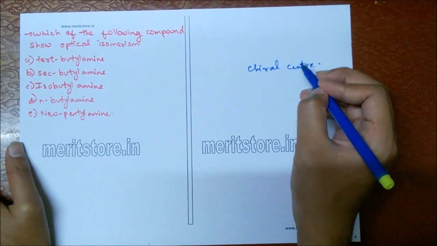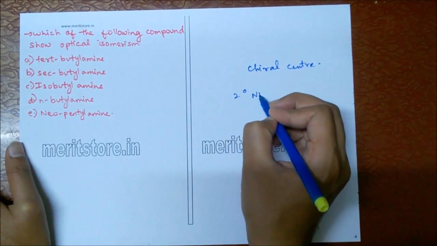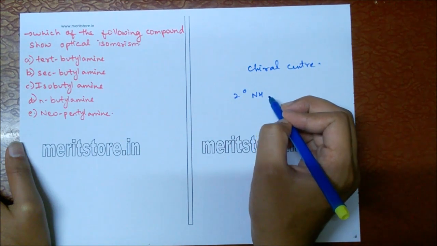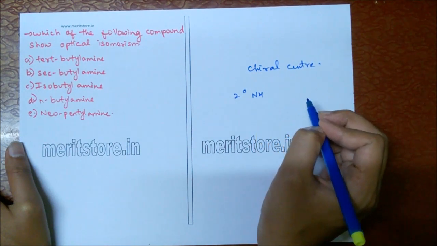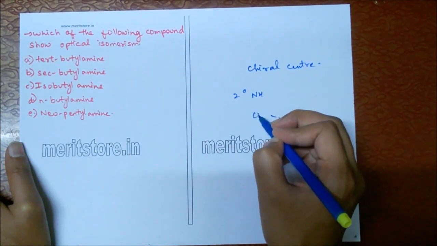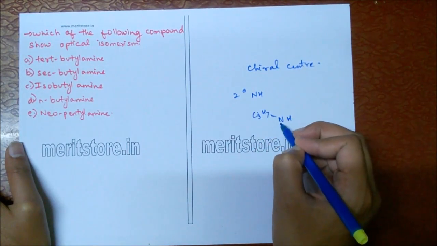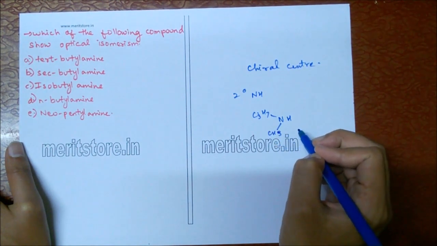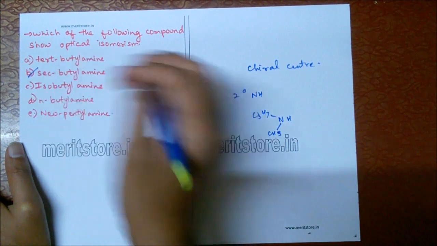So secondary butyl amine has different groups attached, so this is the one. So option B is the correct answer.